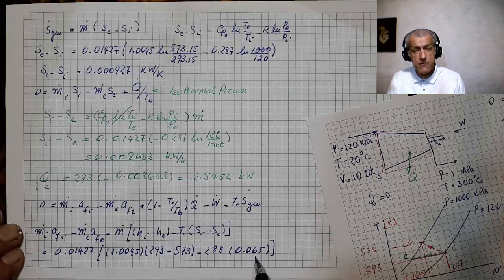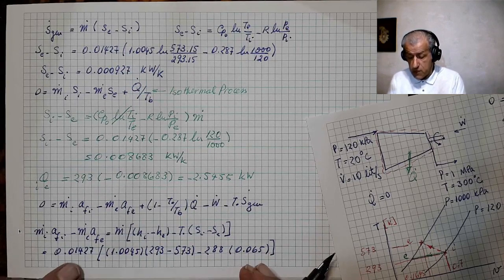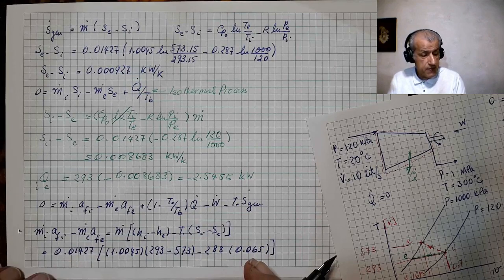Of course, we once calculated this value for the total value. Now we are multiplying it with mass, so it should be for specific entropy.